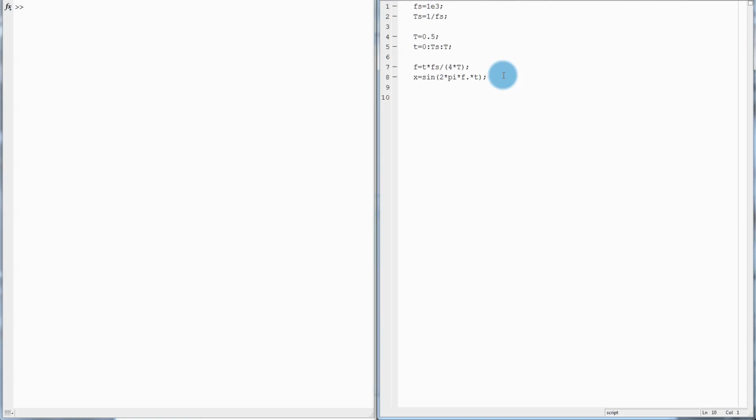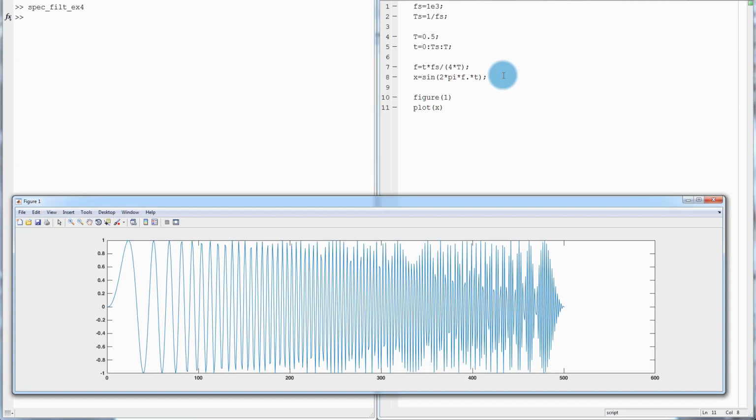Let's take a look at it. And here we go, this is the chirp signal. You can see that it is a sine wave that starts at very low frequency and then the frequency is increasing. Now a chirp signal is very convenient for practicing filtering because it contains all of these frequencies from lowest to highest.